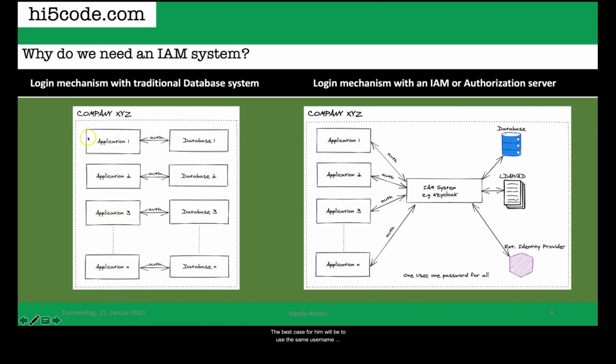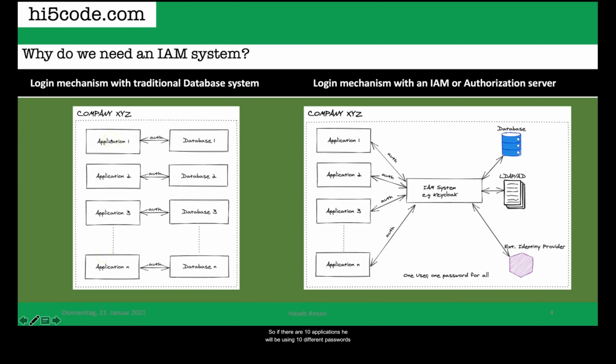The best case for him will be to use the same username and password throughout the applications, but this is really not recommended, because if you lose the password of one application, all the other applications will be compromised. The other case, which would be the worst case for the user, would be to use different usernames and passwords all over the scope of this company XYZ.